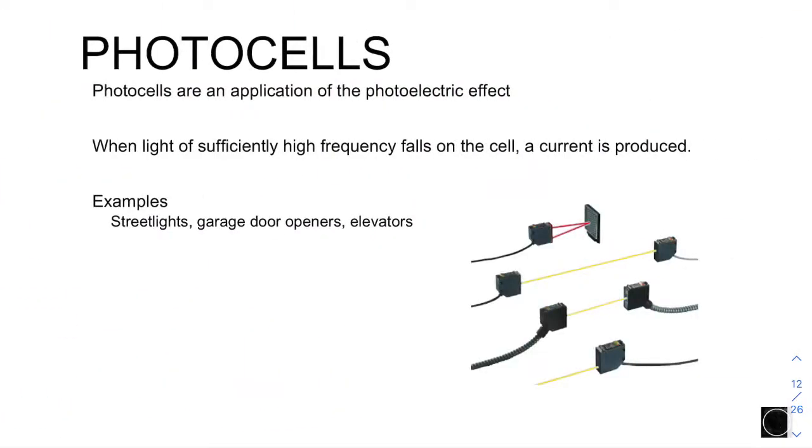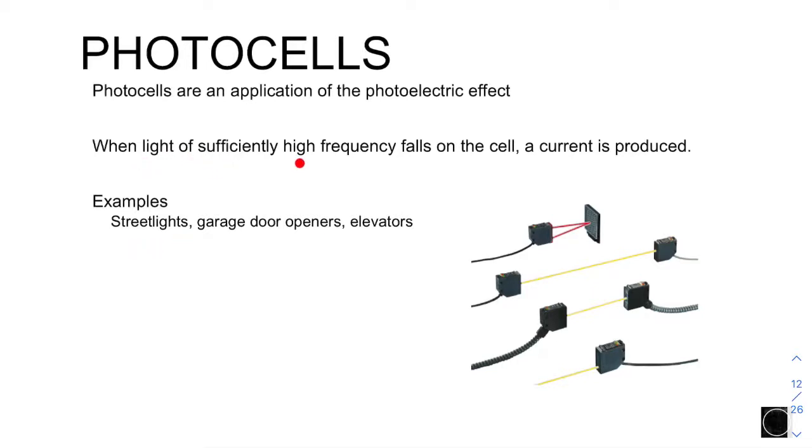So the photocell is an application of the photoelectric effect. This is an example of a photocell. We use it a lot in, for example, elevators, garage door openers, and street lights.